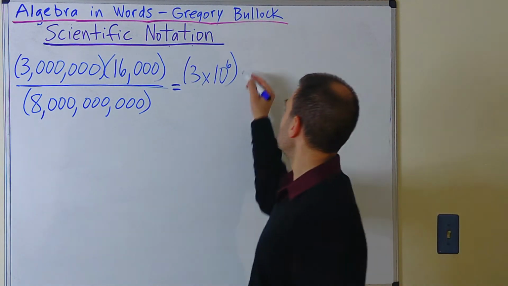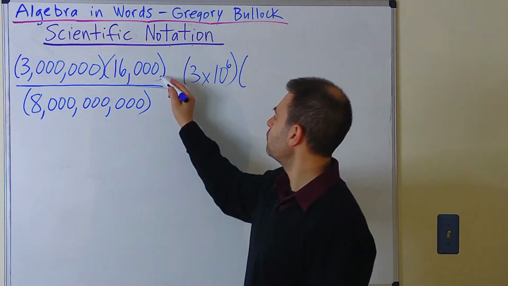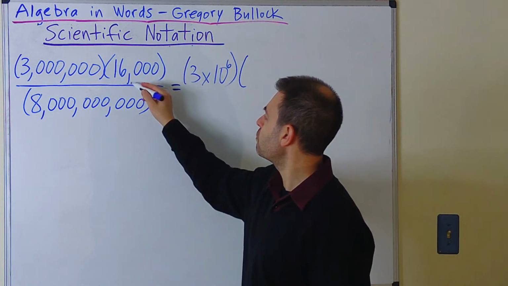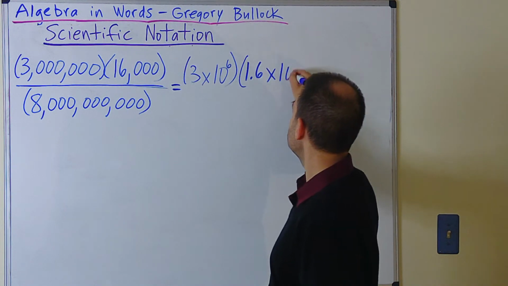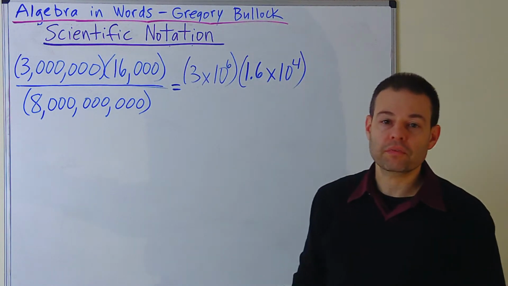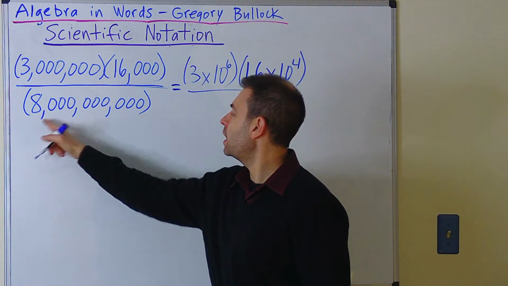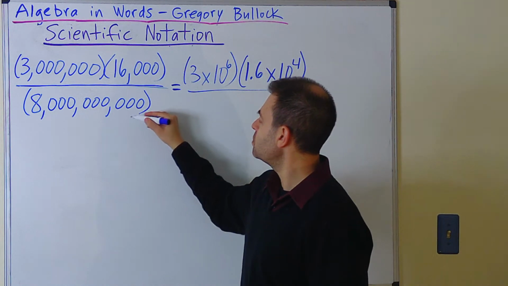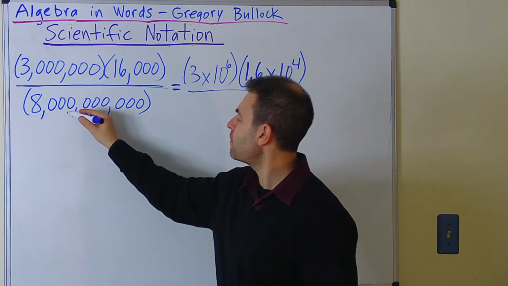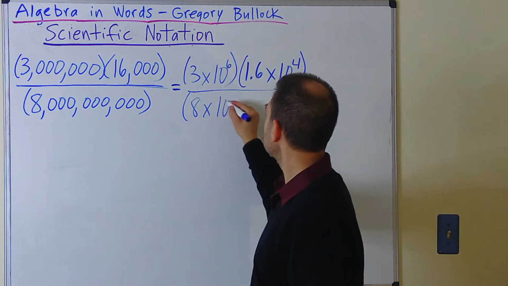Now let's do the next one. 16,000, and if we move the decimal from the right to the left, 1, 2, 3, 4, we get 1.6 times 10 to the 4th. And now let's do the bottom one. This one is 8 billion. And so we're going to move the decimal 1, 2, 3, 4, 5, 6, 7, 8, 9. And it's going to become 8 times 10 to the 9th.